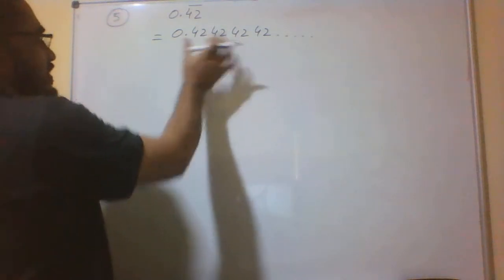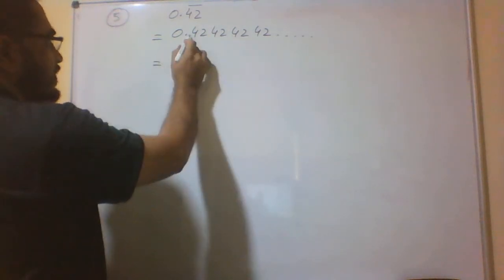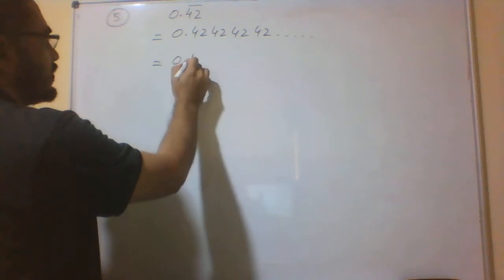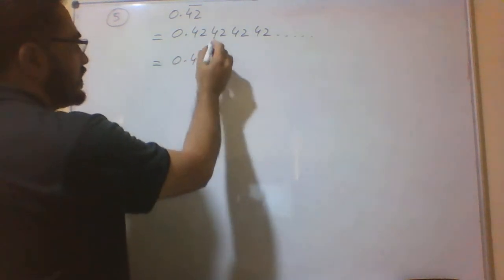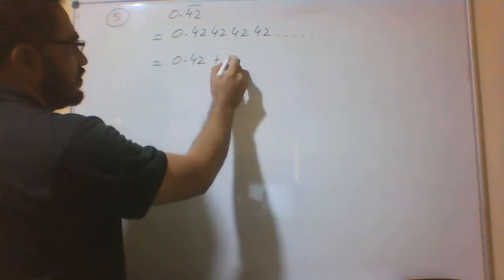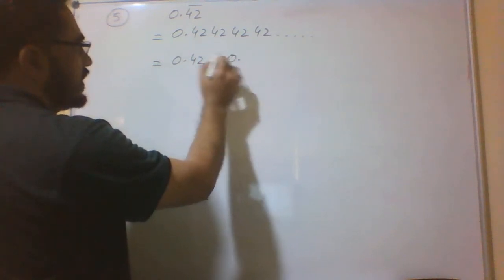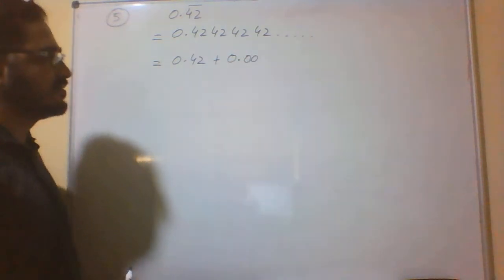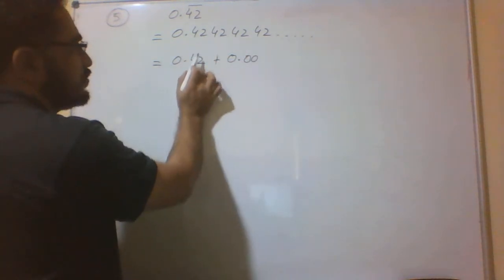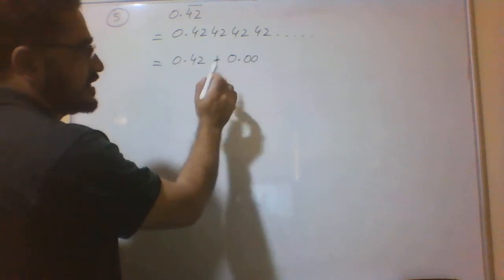Now we can write this as first 0.42 as it is, plus for the next, 42. At the place of the first 42 we can place 0 0, because we are leaving two digits here.